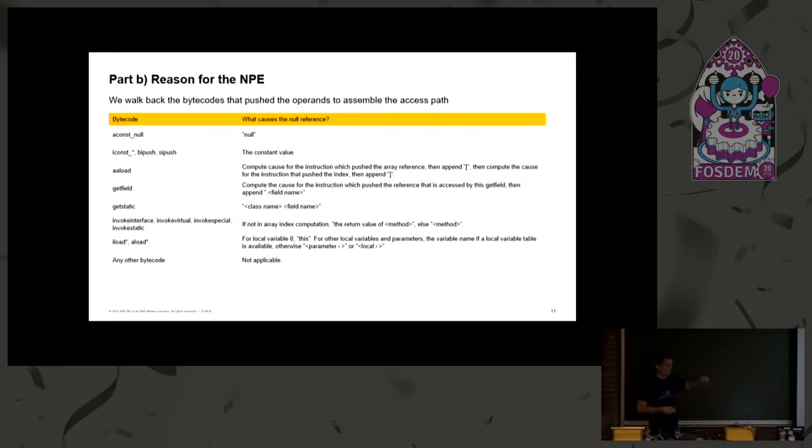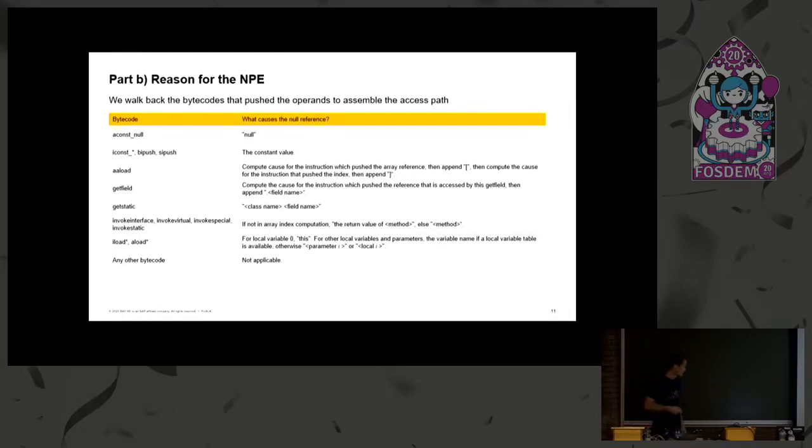At first we go back the path to the bytecode that pushed the array reference. This could also come from another field, like in the example I had, with several field references. So we really have to go recursively back until the point where we started. Then we have the brackets, and we also write something about who put the index there.